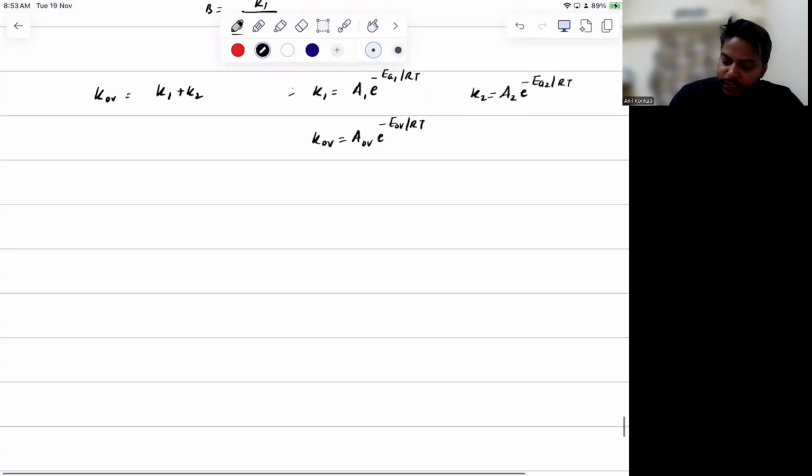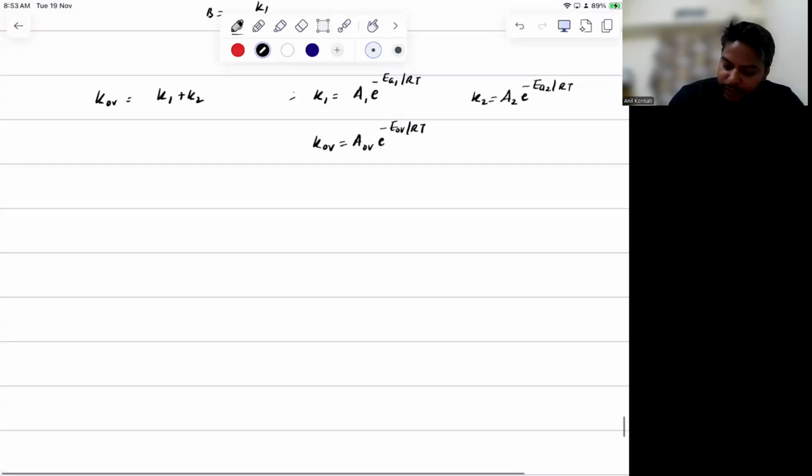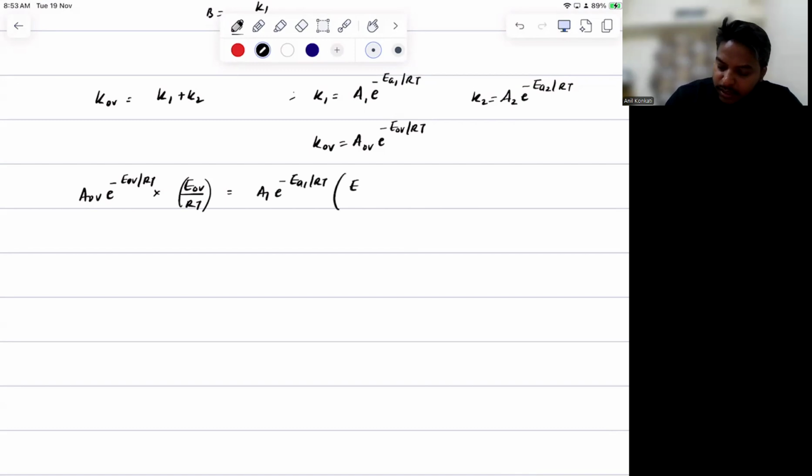So if we take these values and differentiate them once, we will get A overall into e raised to the power of minus E overall by RT, into E overall by RT, which will come outside. That is equal to A1 e raised to the power of minus EA1 by RT into EA1 by RT, plus A2 e raised to the power of minus EA2 by RT into EA2 by RT.